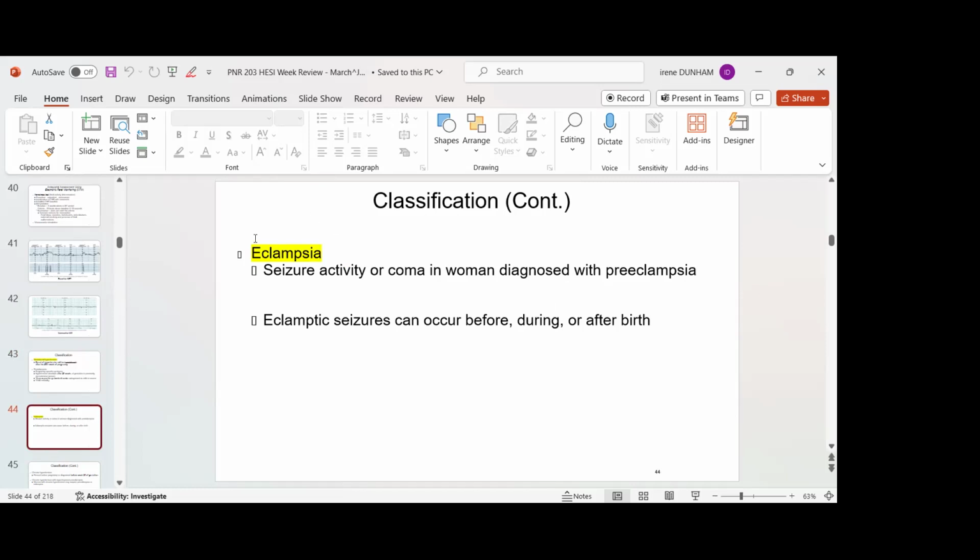Now, HESI likes to put that on their tests because they want to make sure that you know the difference between preeclampsia and a patient getting sicker on you with eclampsia. Okay. So we want to prevent, remember nurses, we always prevent things from happening. So we want to prevent the seizure activity. Because once you get seizure activity, you get involvement of the brain.